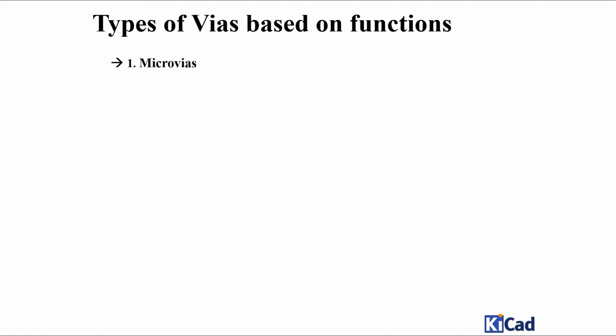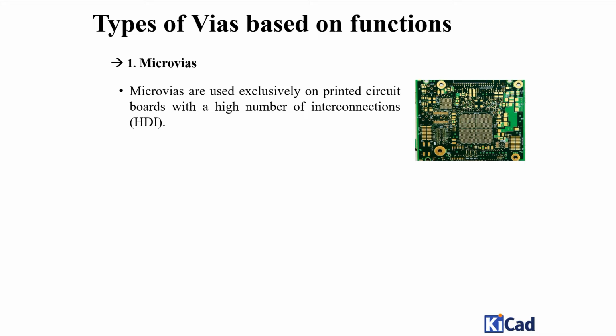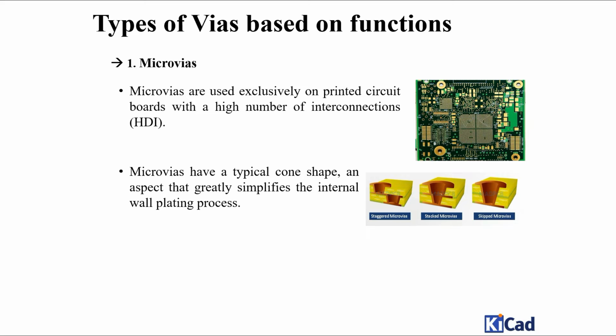The first one is micro vias. Micro vias are used exclusively on printed circuit boards with a high number of interconnections. Micro vias have a typical cone shape, an aspect that greatly simplifies the internal wall plating process. Each single micro via can cross at most two adjacent layers.